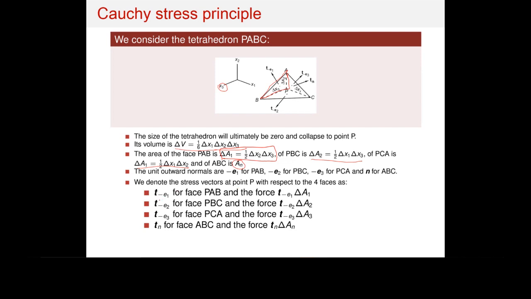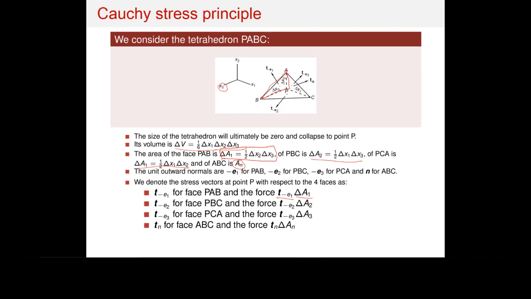Now, the force that is active on this face is basically the stress vector multiplied with the area of the face. So I'm going to calculate the forces, and then I'm going to use the equilibrium equation, or Newton's law, the conservation of momentum, in order to write an equation that links all these stresses together.